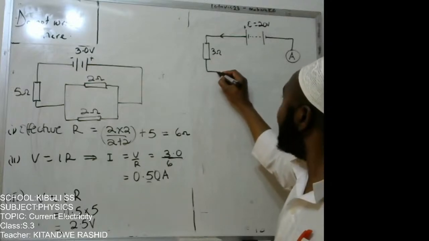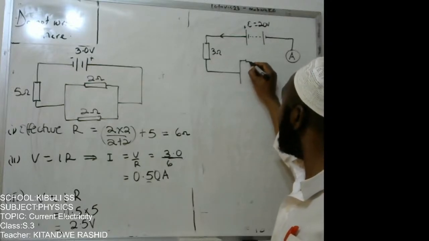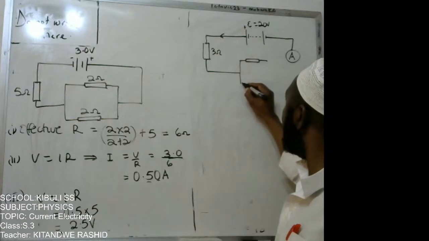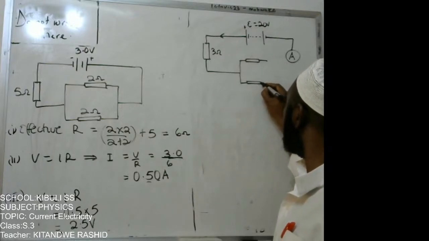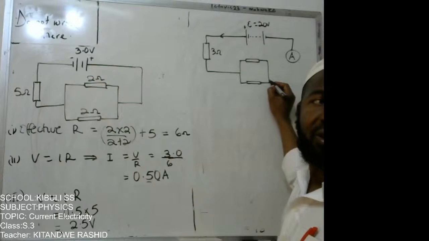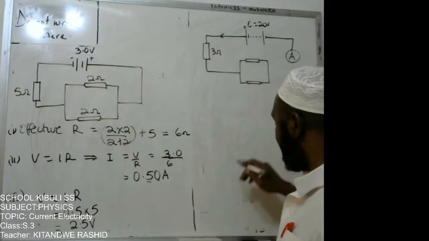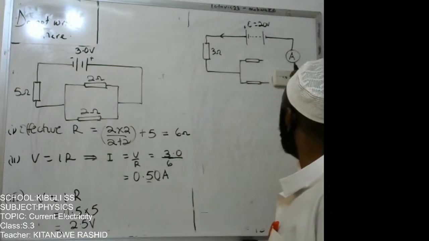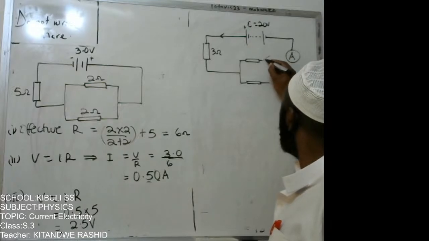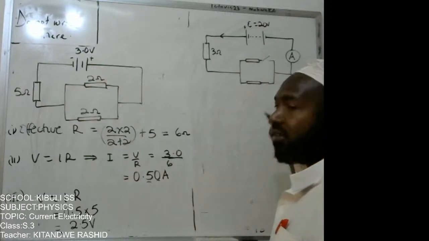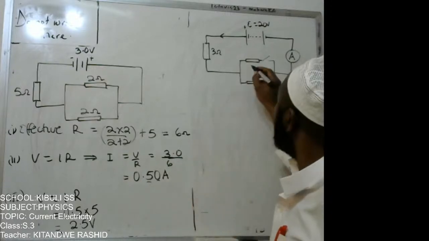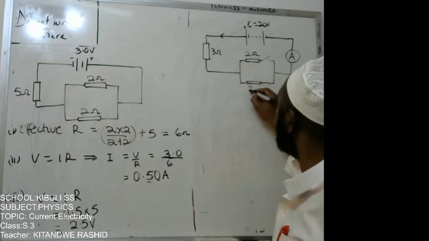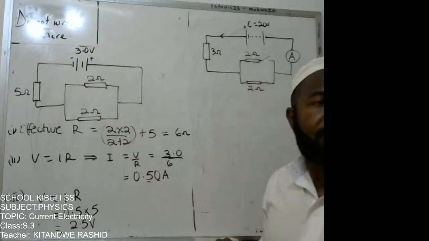We have then parallel arrangement here. And then there is a switch. There's the switch there. And the setup is arranged like that. This is 2 ohm, 2 ohm, 3.